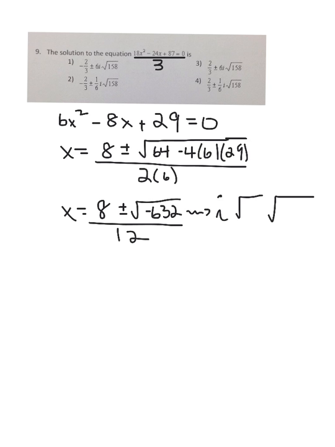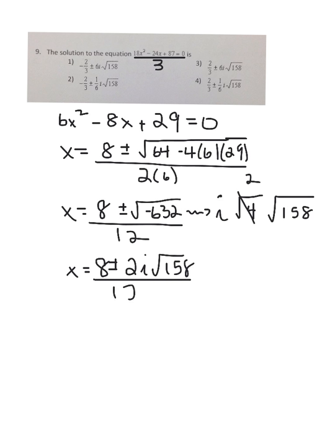So chances are 158 is going to be one of the factors, and it actually is. It's 4 and 158, okay? And the square root of 4 is going to become a 2. So then we're going to get x equals 8 plus or minus 2i radical 158, and that's all over 12.